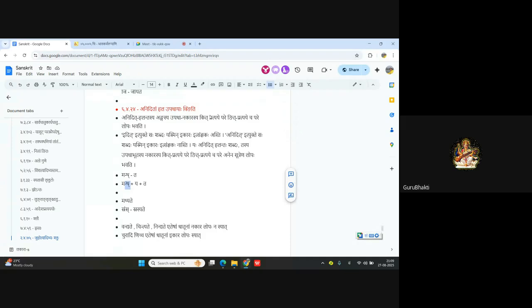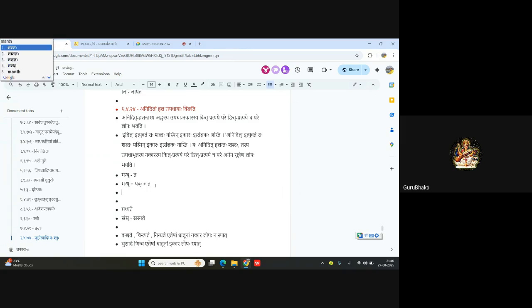That nakara will get lopa. What is the nimitta? Kit pratyaya pare, nit pratyaya pare. Kit pratyaya. Here kakara is there. Kakara gets lopa means that pratyaya is called which pratyaya?